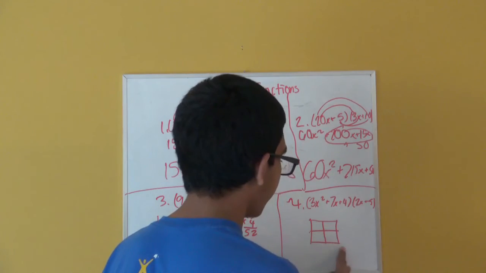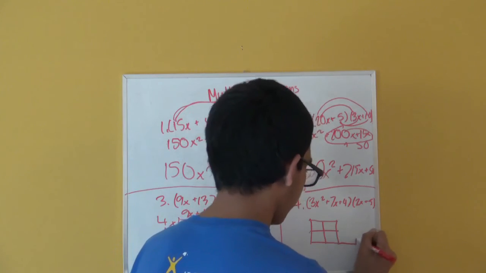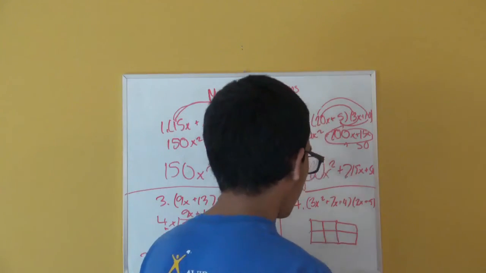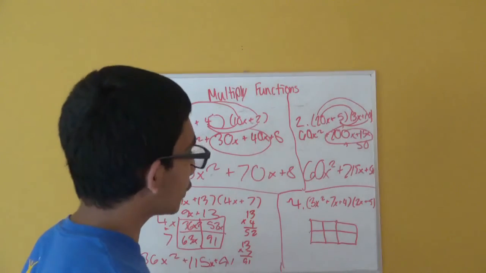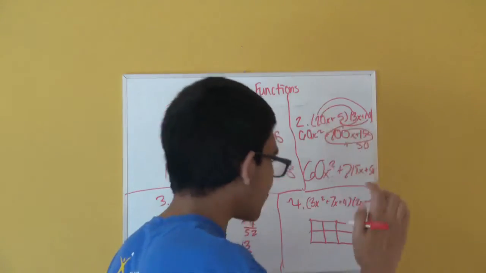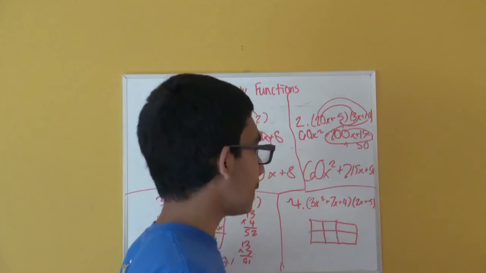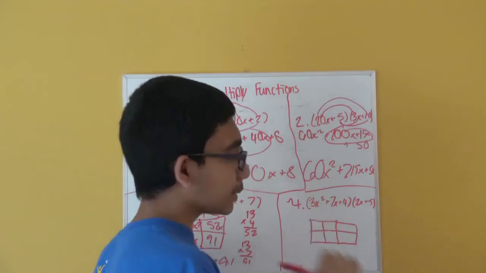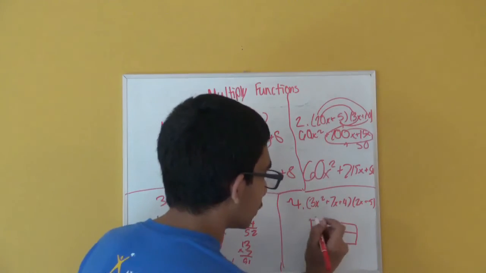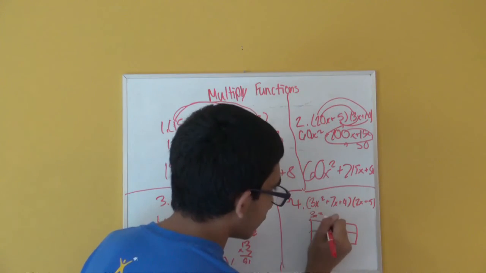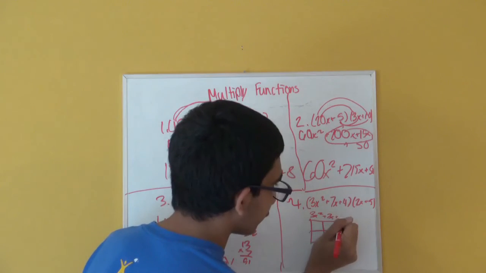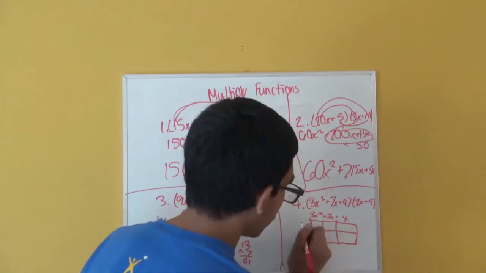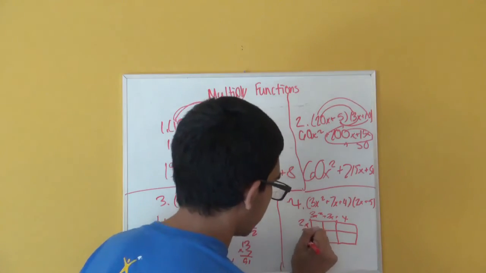It would be 3x3 if both of them had 3. Okay, so I'm going to put 3x squared plus 7x plus 4 at the top, and 2x plus 5 on the left side.